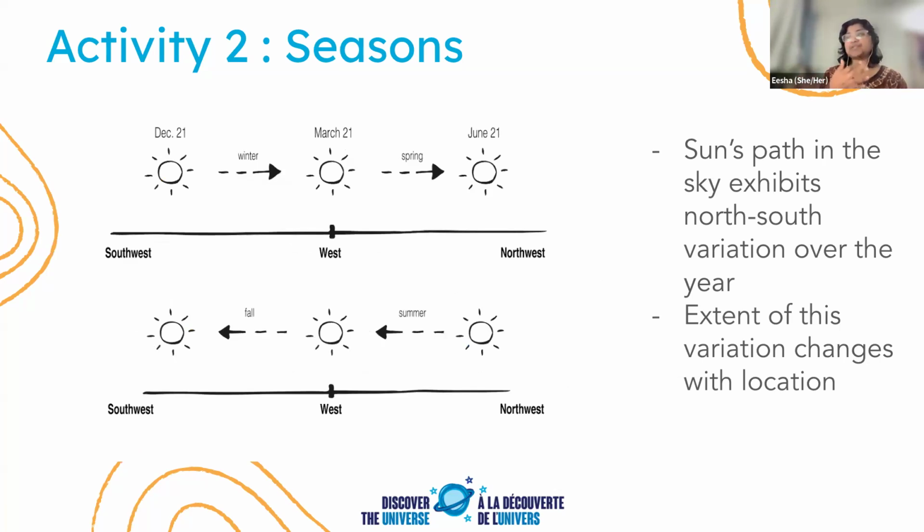For instance, the fact that the sun rises in the east and sets in the west is a pretty much universal truth, but it does have a north-south variation depending on the season. So from December to June, it will move northwards from winter solstice to summer solstice, and then it will move southwards for the rest of the year till it goes back again.